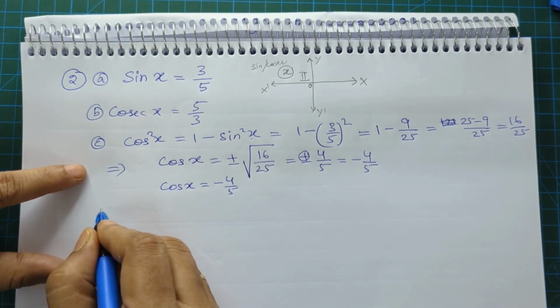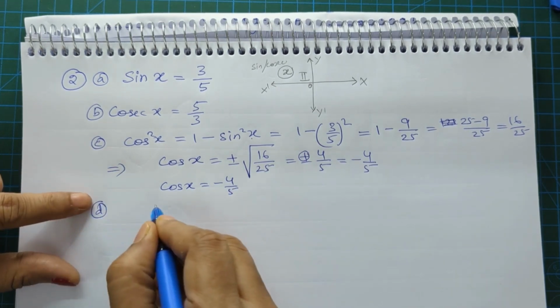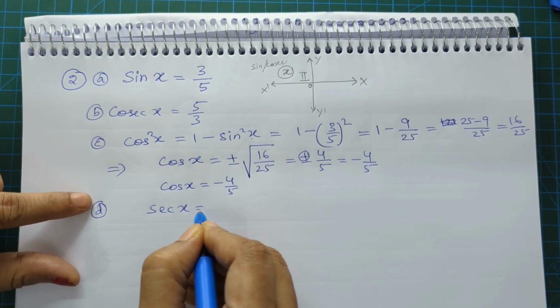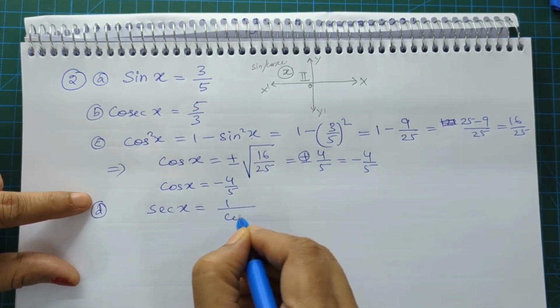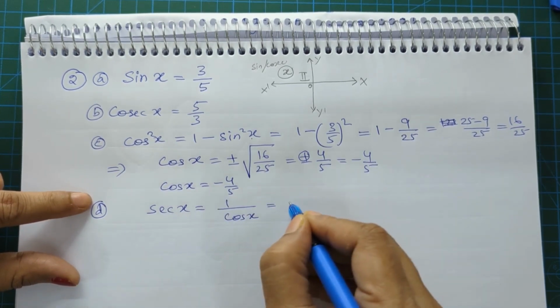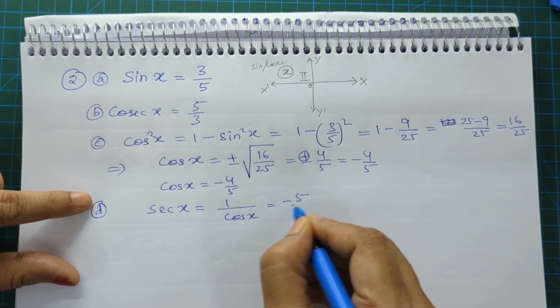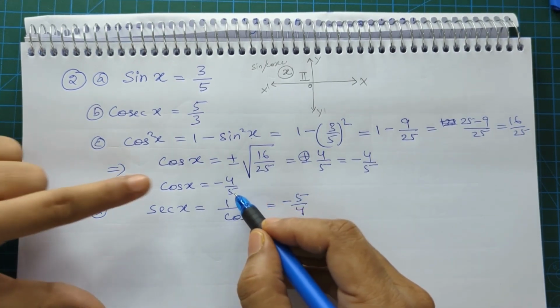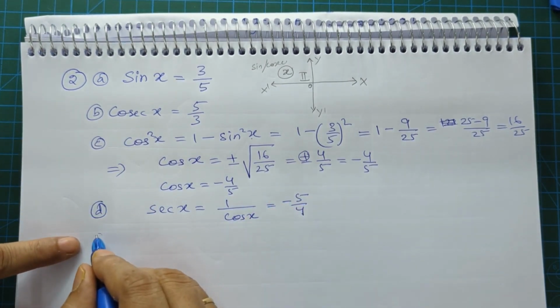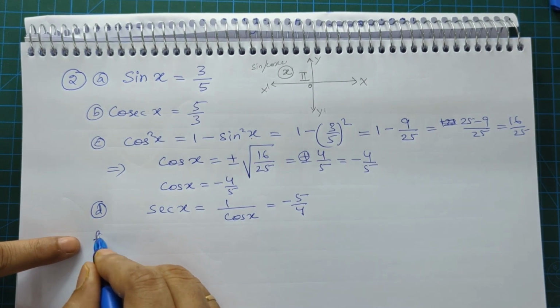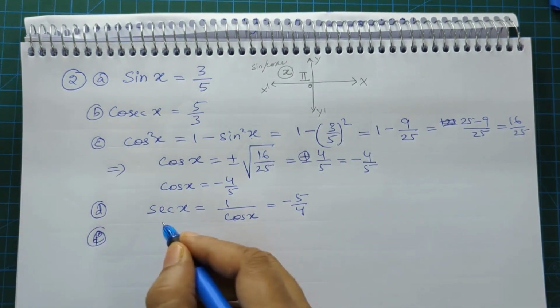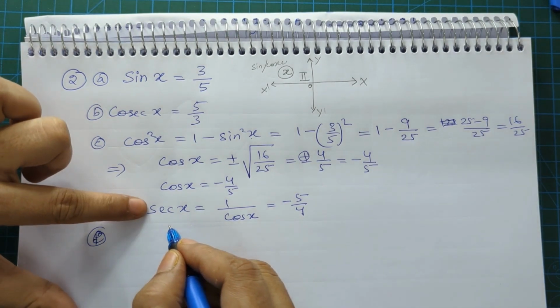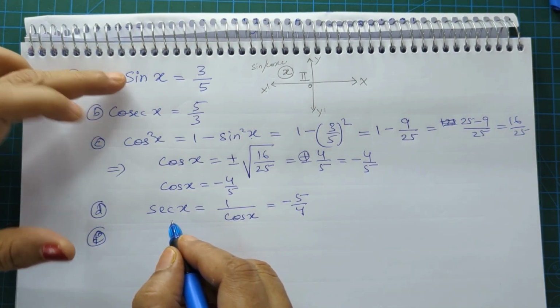The moment we get cos, we can find sec. Sec x is the reciprocal of cos, meaning 1 by cos x, which is negative 5 by 4, because 4 by 5 is cos, so sec is this. After this we can find tan using the sec and tan relation, or sine by cos.